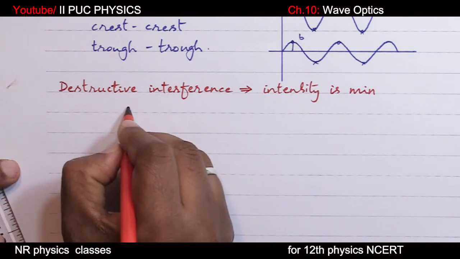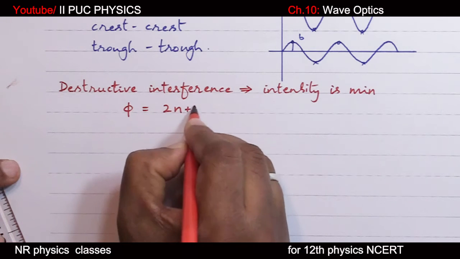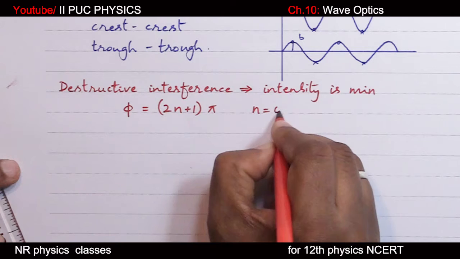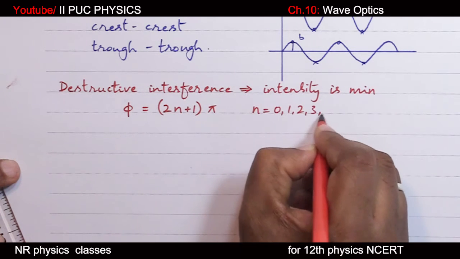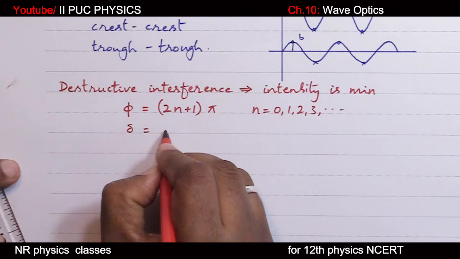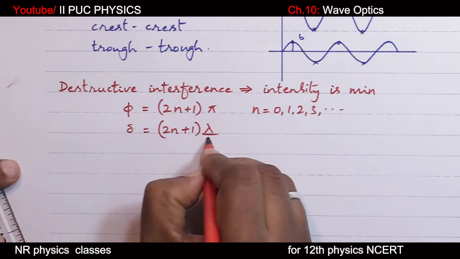And phase difference between the interfering waves should be equal to (2n plus 1) into pi, again where n is 0, 1, 2, 3, etc. And path difference between the waves should be (2n plus 1) into lambda by 2.